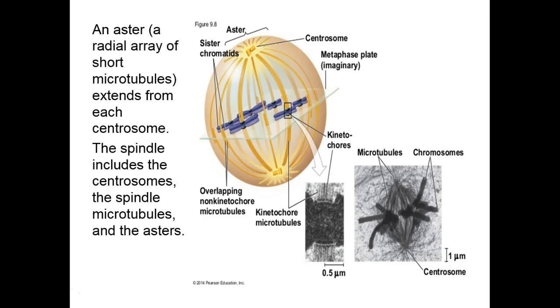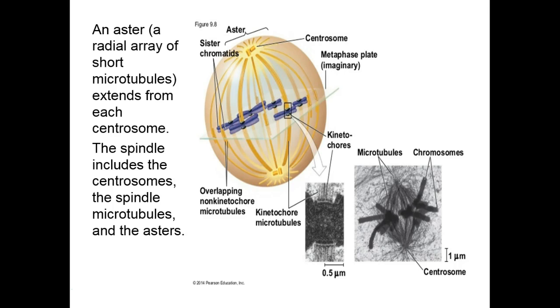And again, remember this buildup down the middle happens because you have microtubules that are attaching to one chromosome via these kinetochores. So you have a kinetochore on each side of the chromosomal pairs.